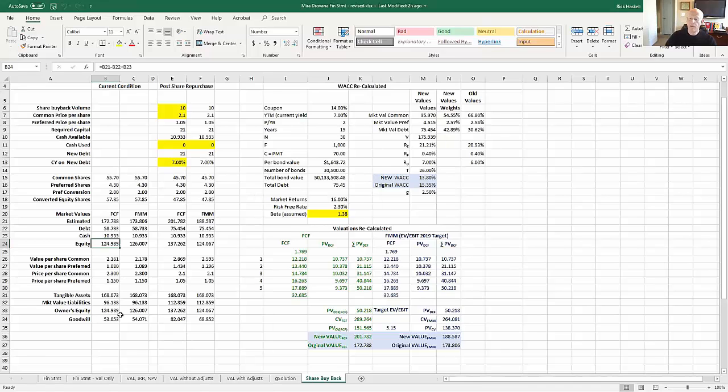So when I have that number, I'm able to reverse engineer, and I see that my initial condition for the company before a share buyback was that we had goodwill of 53.05. We had common shares of $2.16 per share value and preferred shares of $1.08 per share value.